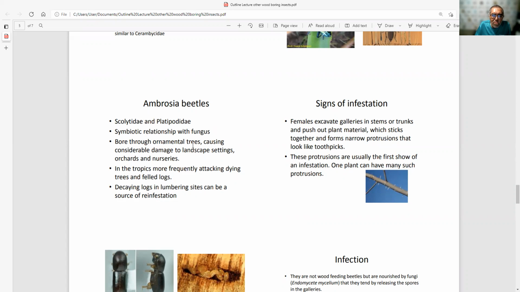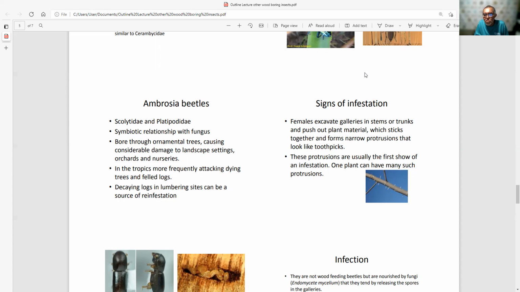They bore through ornamental trees, pokok hiasan, causing considerable damage to landscape settings, orchards and nurseries. So this is particularly a problem to landscape features. In the tropics, more frequently attacking dying trees and felled logs. Decaying logs in lumbering sites can be a source of reinfestation.